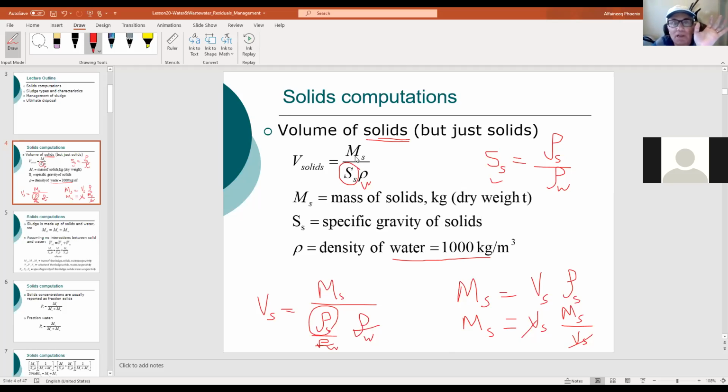Now, this can be applied to anything. If you are not interested in solids, but in the volume of the sludge, SL, then it's the same story. The mass of the sludge divided by the specific gravity of the sludge times rho of water.